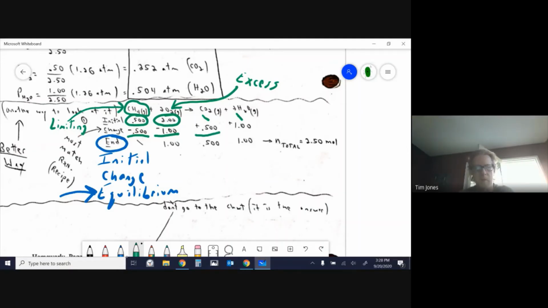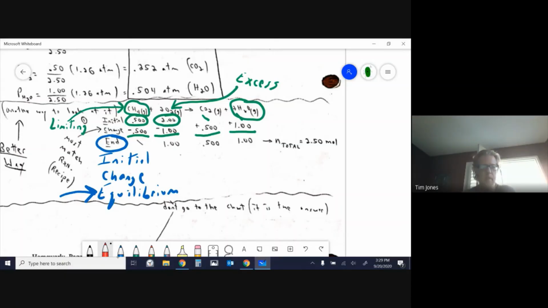The amount of H2O that gets produced, you can look at it a couple different ways. The H2O here is going to be the same as O2, so 1, or it's going to be double the CO2, double 0.5 is 1, or it's going to be double the methane, double 0.5 is 1. So you can compare any chemical in a balanced reaction to any other chemical that you know how much it's changing, and it better work out.